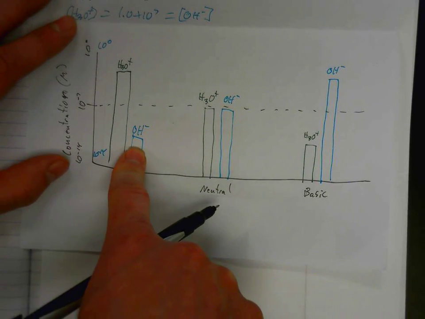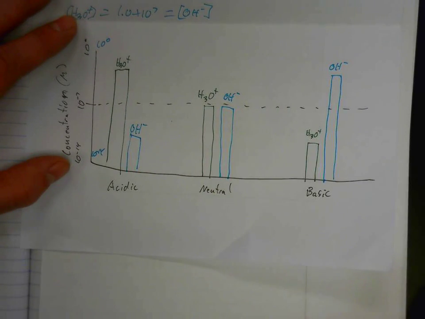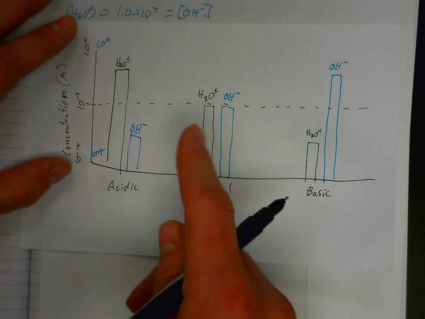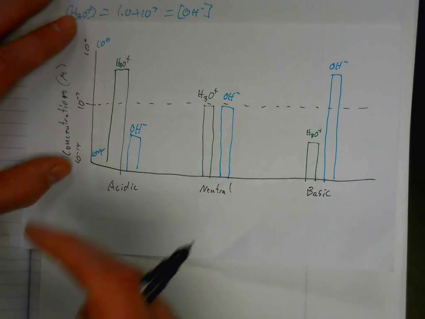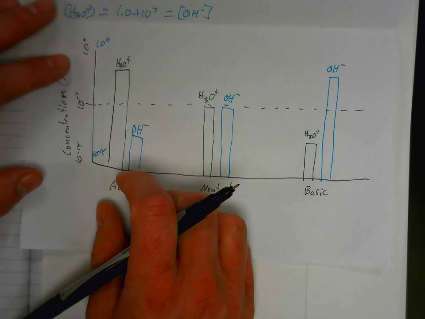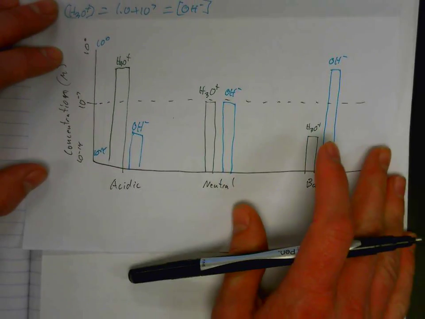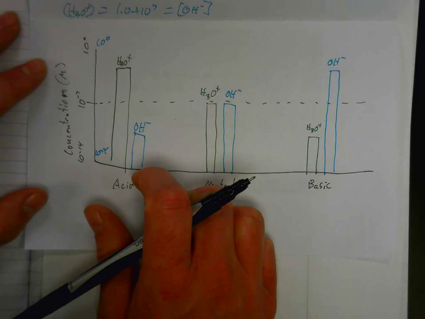And so neutral, again, the concentration would be 10 to the negative 7. Now, chemists think of this in terms of concentration of these ions. But to make this more clear, the pH concept makes this number in concentration more simple.